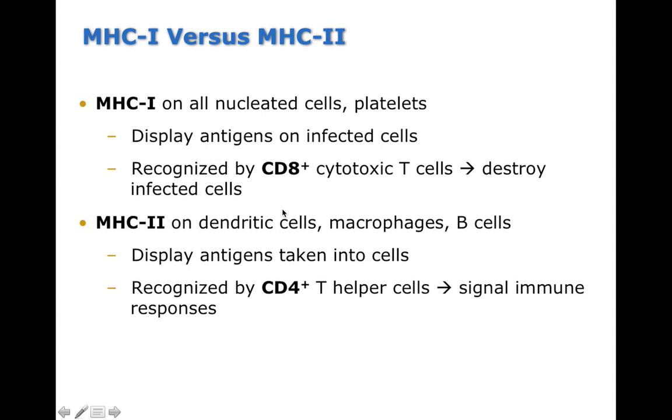Dendritic cells and macrophages, because they're phagocytes, can engulf extracellular antigens and then display that on their cell surface to B cells and T helper cells, and they can signal immune responses due to extracellular antigens.